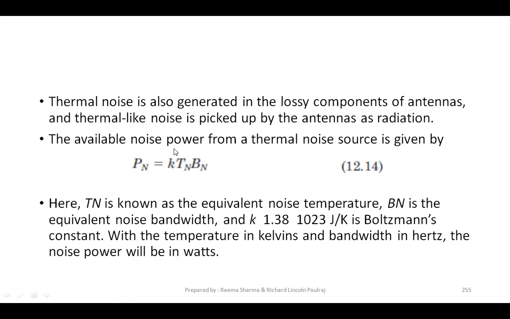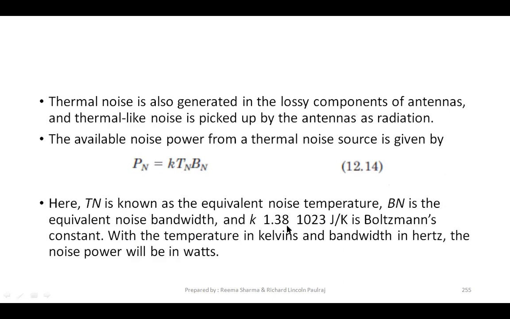The available noise power from a thermal noise source is given by Pn, which is equal to K Tn Bn. Here Tn is your equivalent noise temperature, so due to temperature, a noise signal gets created. Bn is the equivalent noise bandwidth: B for bandwidth, N for noise.